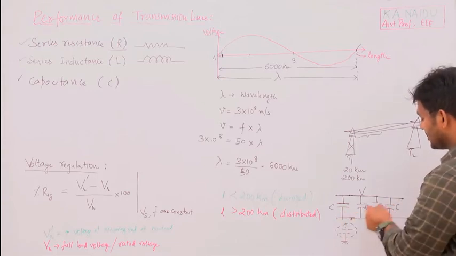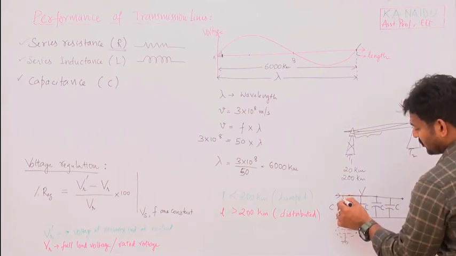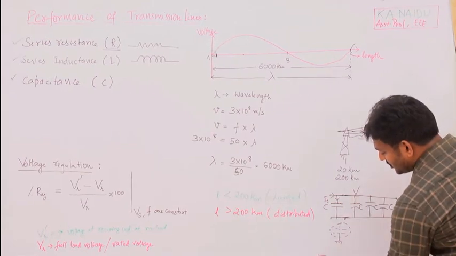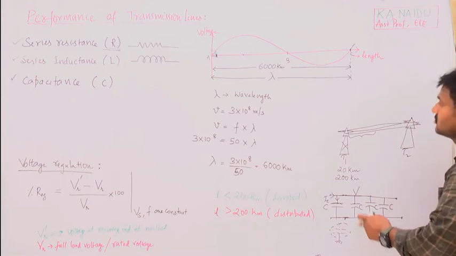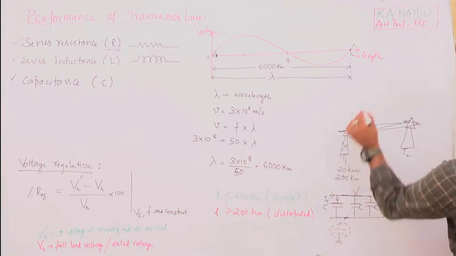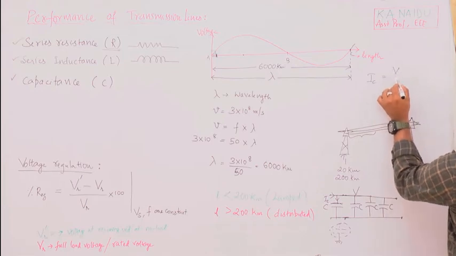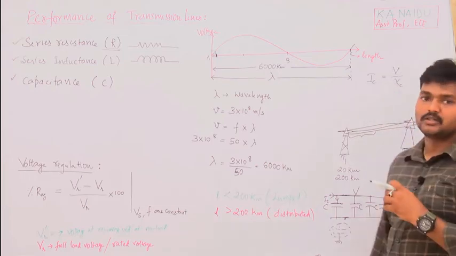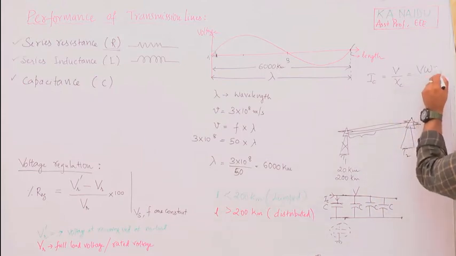Suppose you want to calculate the charging current through these capacitors. The charging current IC is given by the voltage upon the impedance. So here it is V into omega into C.